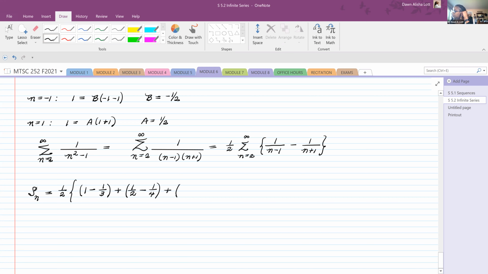Then the next term, we put in 3, 4, we're going to get 1/3 minus 1/5. And the next term will be 1/4 minus 1/6.